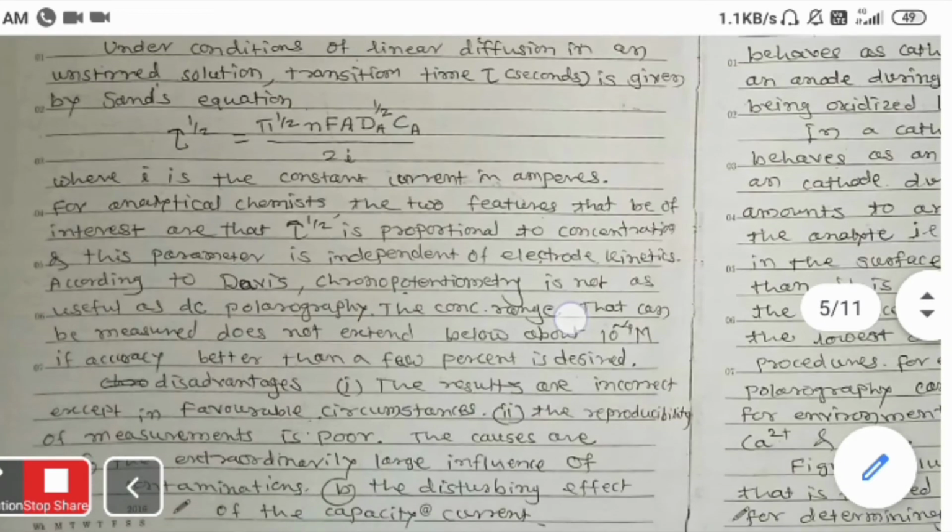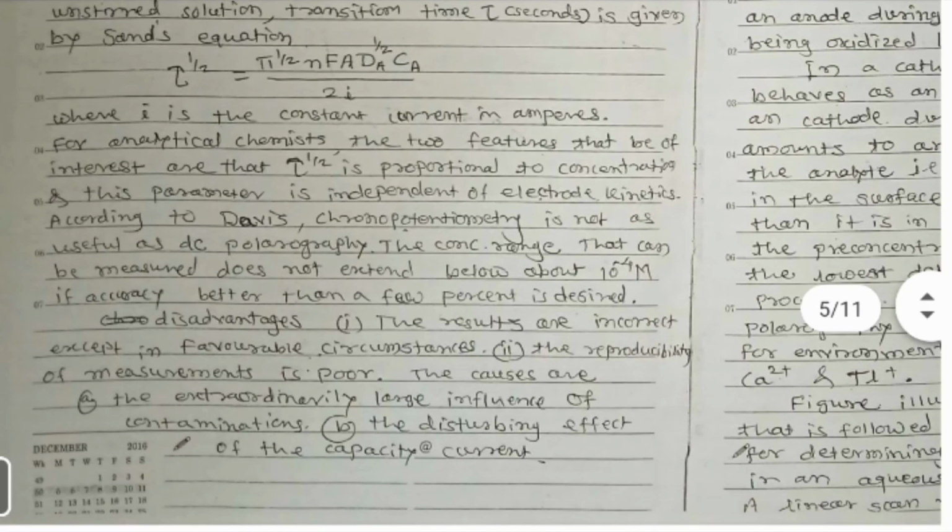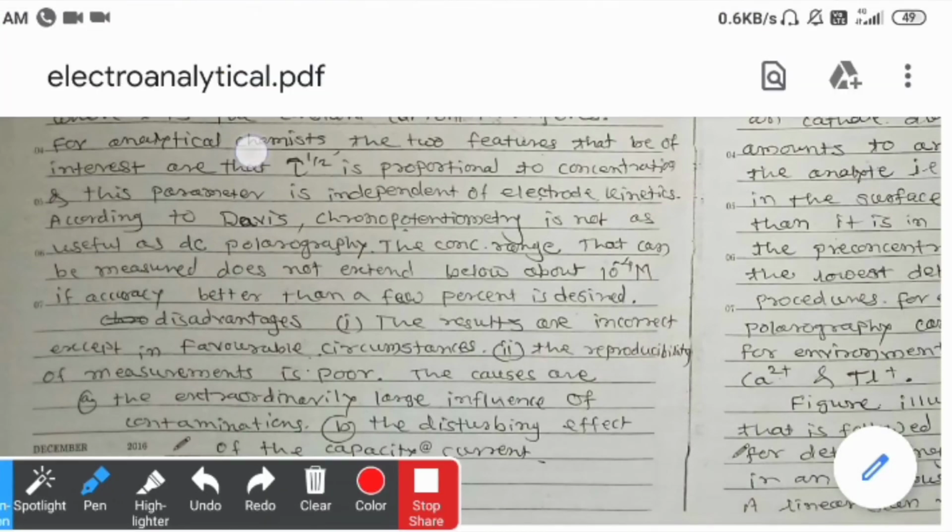So for an analytical chemist, the two features that can be useful are the half lifetime, which is proportional to the concentration. So we can calculate the concentration, that is the quantitative analysis, and this parameter is independent of the electrode.